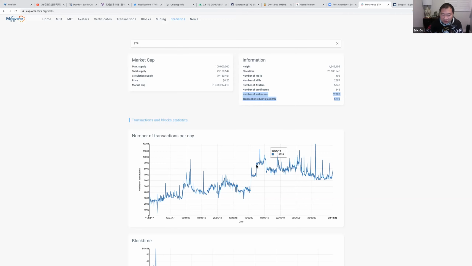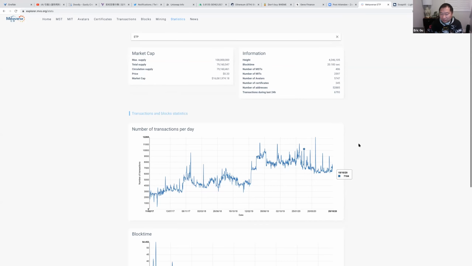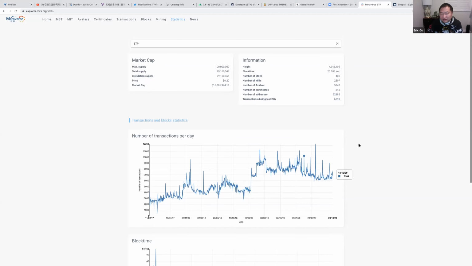And look at the number of transactions over time. We didn't show any decline. We're pretty good, we're leading most of the projects. So these are things we need to tell our community about.